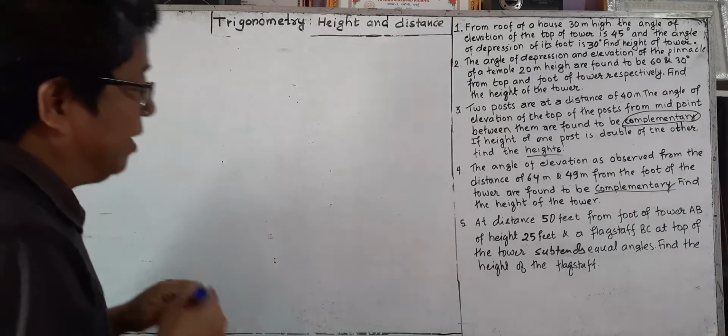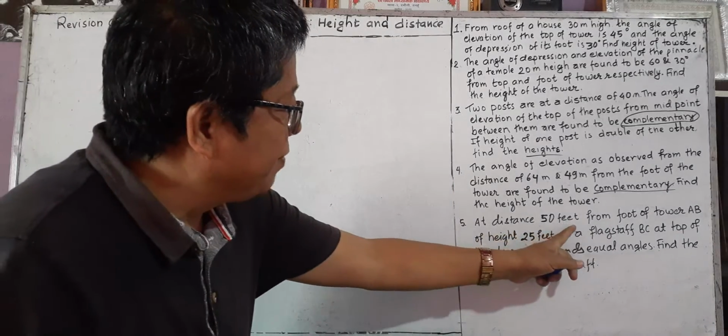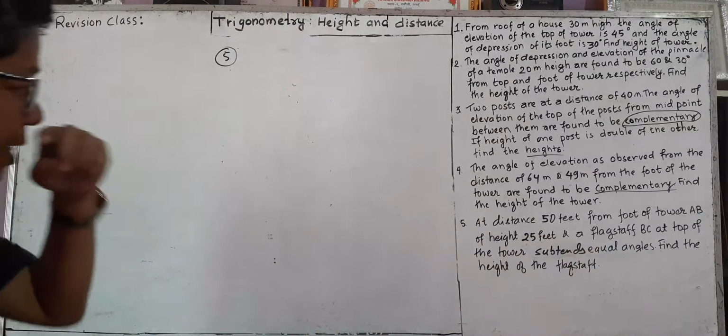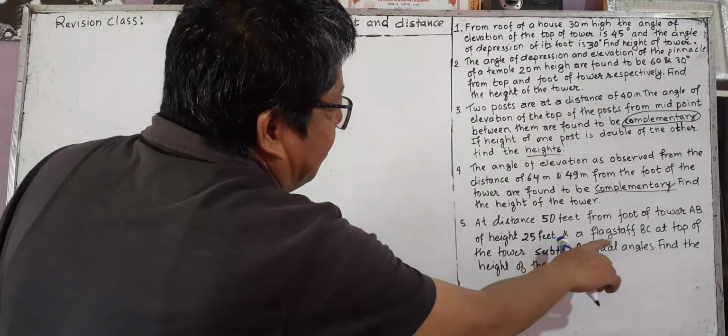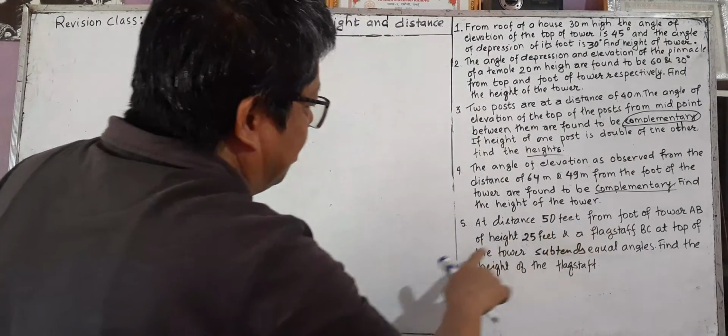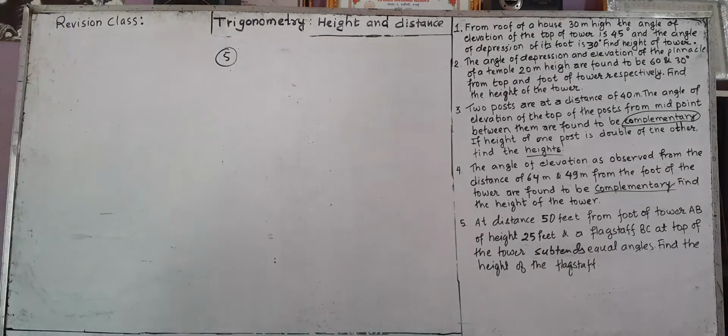Look at question number 5. At a distance of 50 feet from the foot of a tower AB, of height 25 feet, and a flagstaff BC at the top of the tower, subtends equal angles. Find the height of the flagstaff.